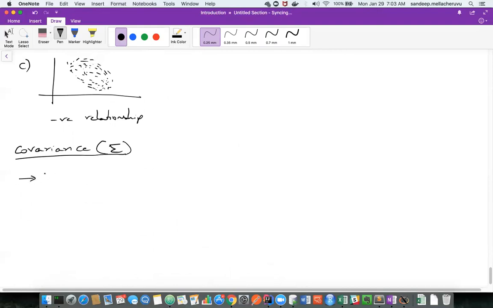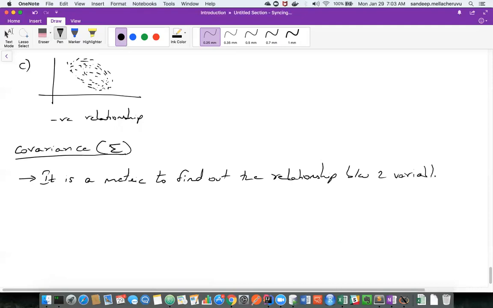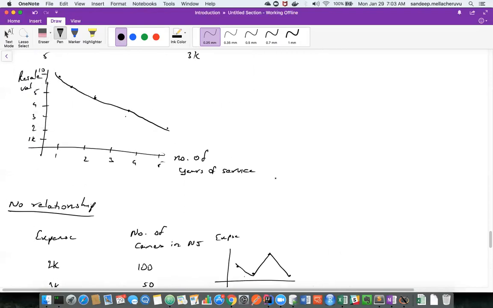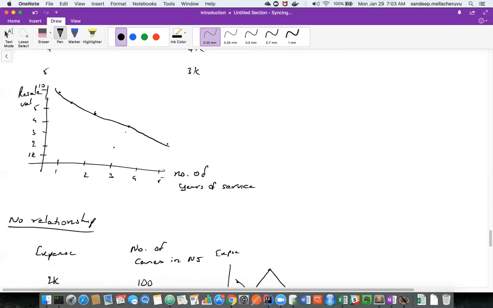Let me define it as a metric to find out the relationship between two variables. It's more like the same scatter plot, but instead of plotting something, it will give you some number.